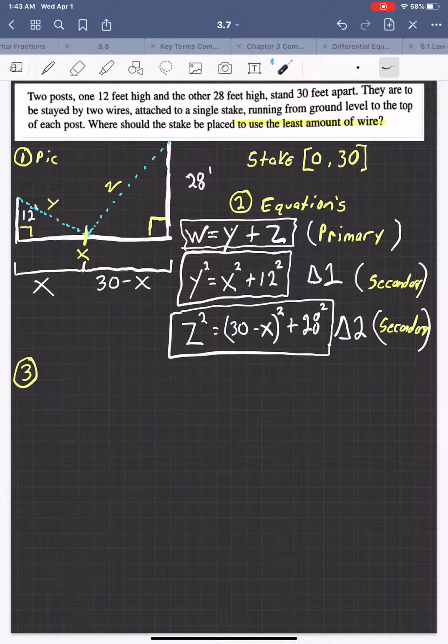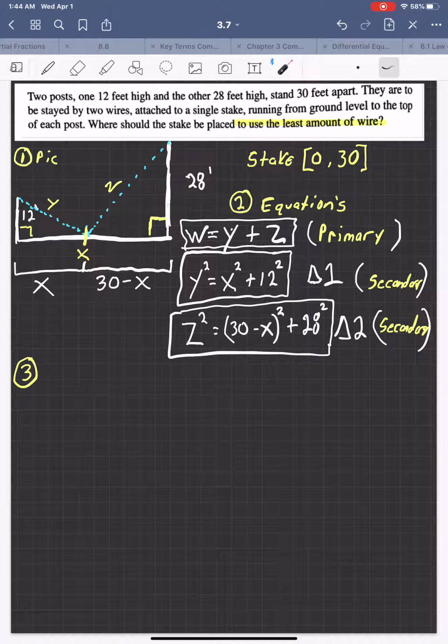In other words, look at your primary equation right now. W is equal to y plus z. That's one equation. It's explicitly defined in terms of y and z. It's in terms of two variables, right? This is not good for us. We know how to take derivatives of one variable, not multiple variables yet.